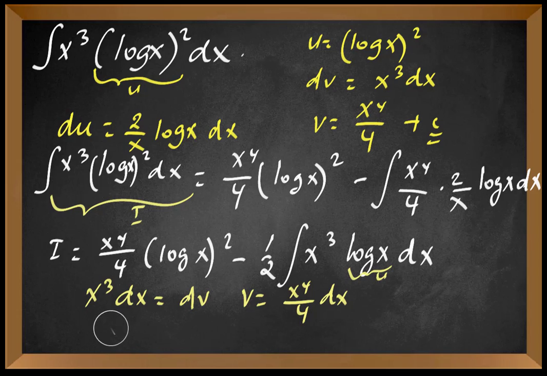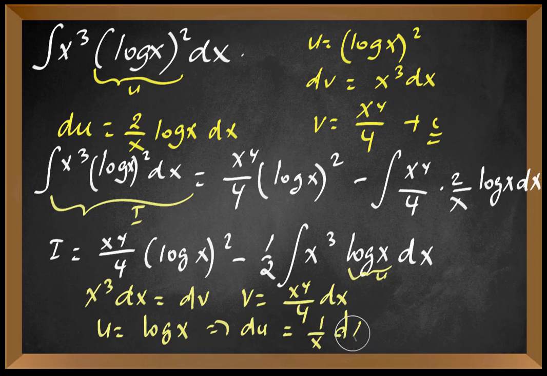And the u is equal to log of x, that means du, take the derivative of both sides. du is equal to 1 over x dx. Okay, so as I said, the dx here is not good, so v is equal to x to the power 4 over 4 plus some constant, but we don't care about that.